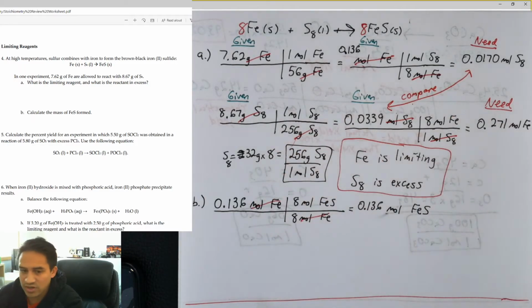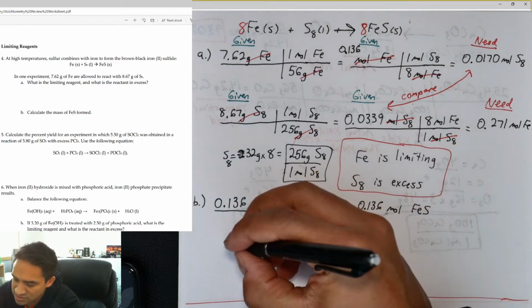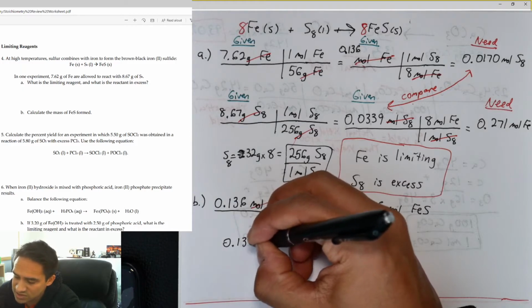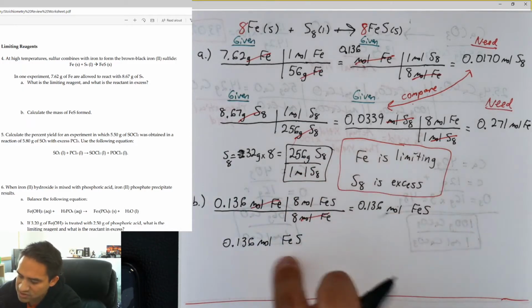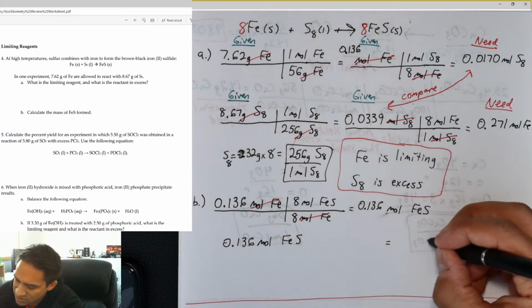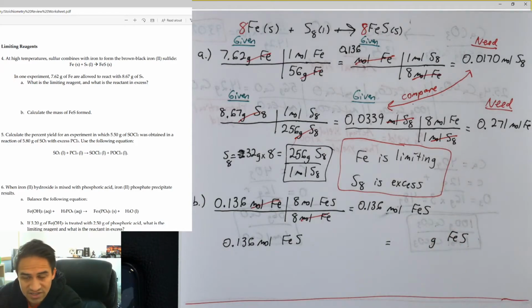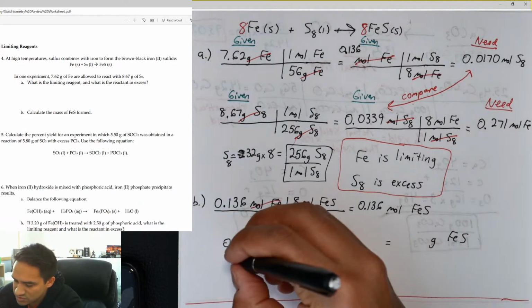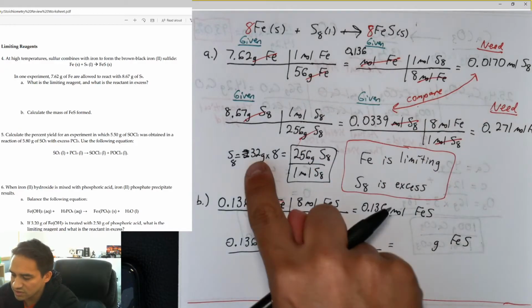And then, of course, they do want us to probably get this into grams because it does say calculate the mass formed. So the last part is just going to take this 0.136 moles of FeS and convert this into grams of FeS. And, of course, to do that, we are going to need to know the molar mass for FeS, which we have, the molar masses of iron and sulfur right here.